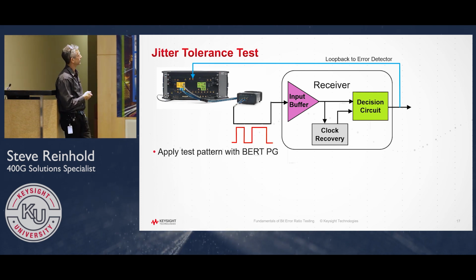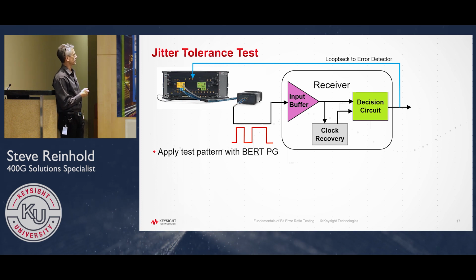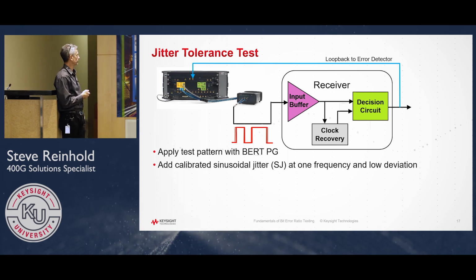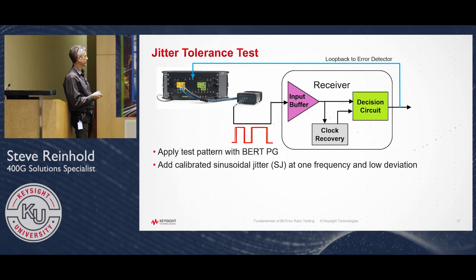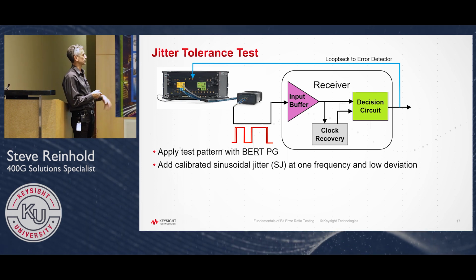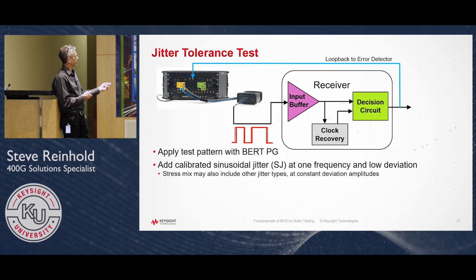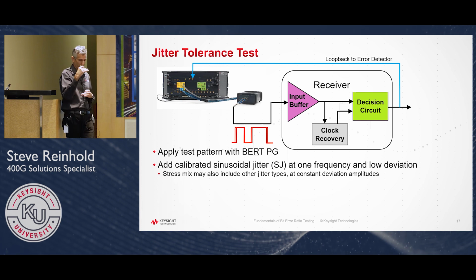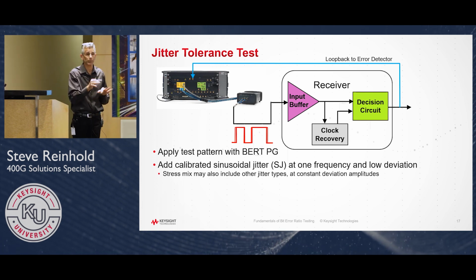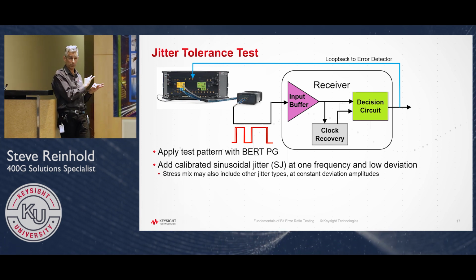Jitter tolerance test: we apply the test pattern with the pattern generator. We leave the amplitude the same, but we apply calibrated amounts of sinusoidal jitter at one frequency and low deviation. Then it might have other jitters applied, but those are generally static during a jitter tolerance test.